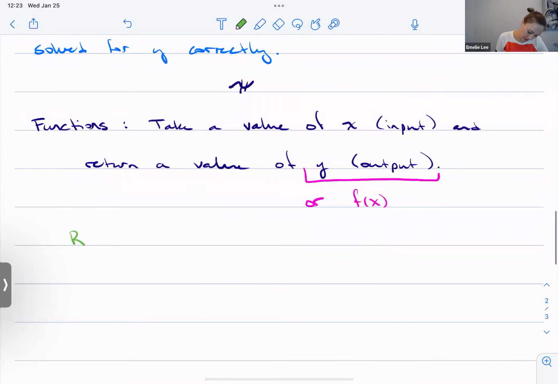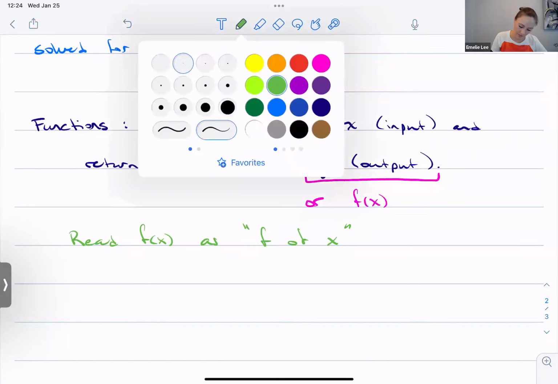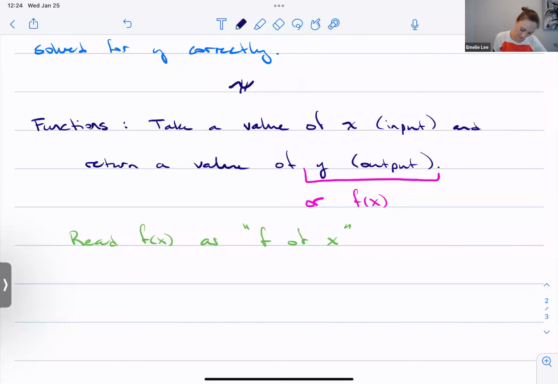So you're going to read f of x as "f of x." That's important because it's going to nudge you towards how to treat these things properly. Whenever you have something outside followed by a bracket and then something inside, you read the brackets as "of." For example, the profit of hours.